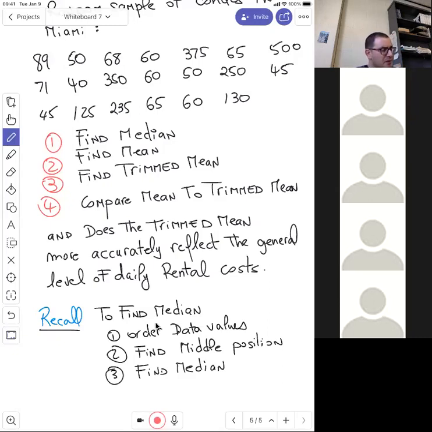So after the trimmed mean, there is the weighted average. This is a very common average. We use the weighted average, for example, when we compute the final grade. So there's the weighted average after the trimmed mean, and then what else?